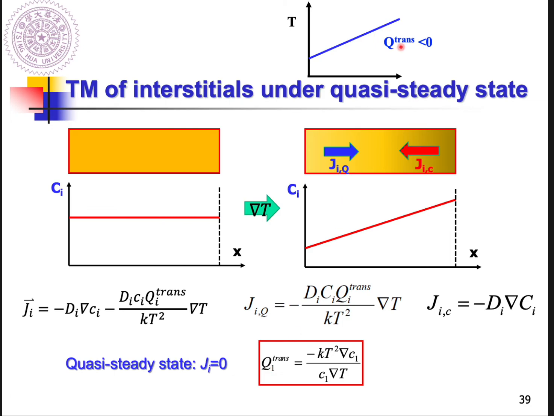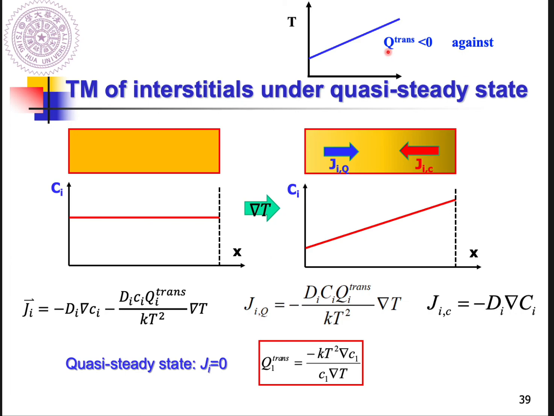And what does this tell you? The heat of transport is negative, and the interstitial atoms are pushed this way, right? So they are pushed from low temperature toward high temperature. So it will be against the temperature gradient.